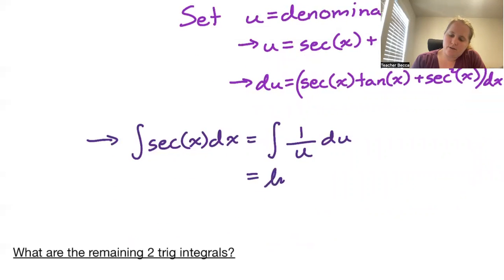Therefore, we get the natural log of the absolute value of u plus c.